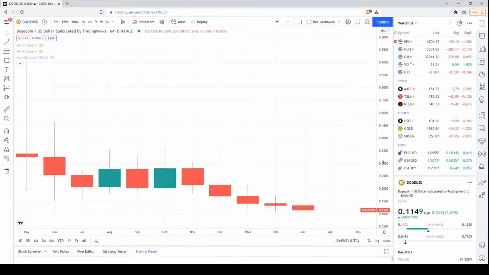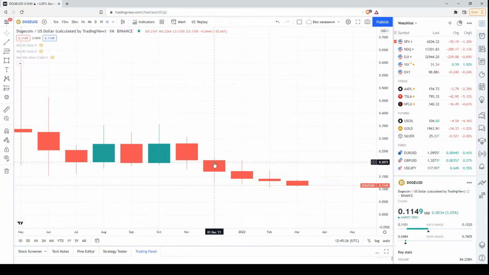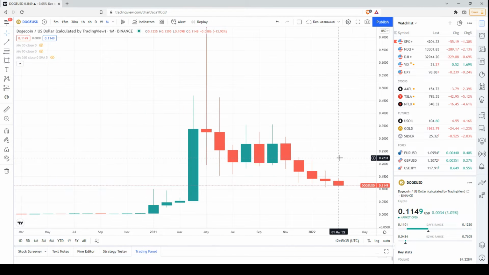We now have a sequence of mainly small bearish candlesticks or dojis or spinning tops with descending local highs and to some extent descending local lows. So this confirms the bearish pressure in the monthly chart.